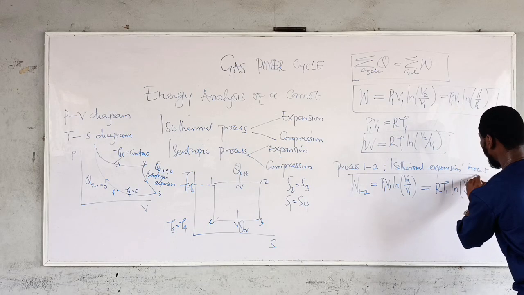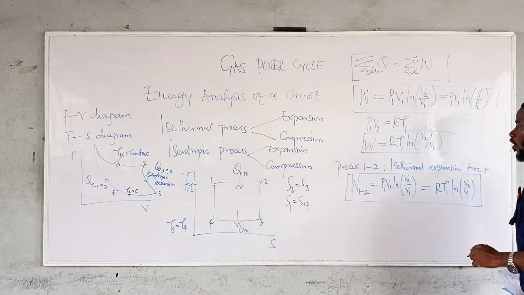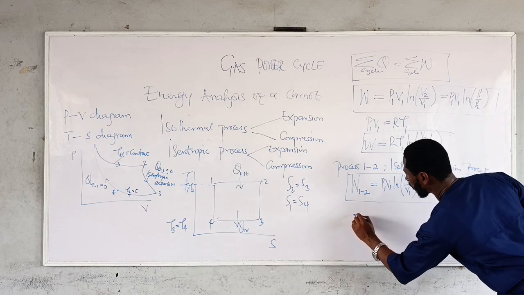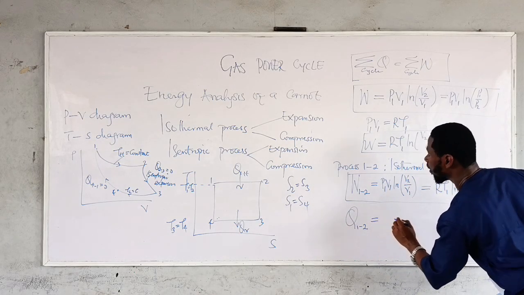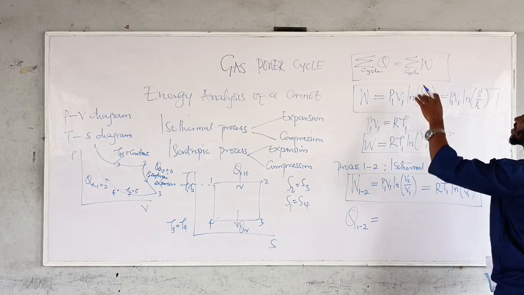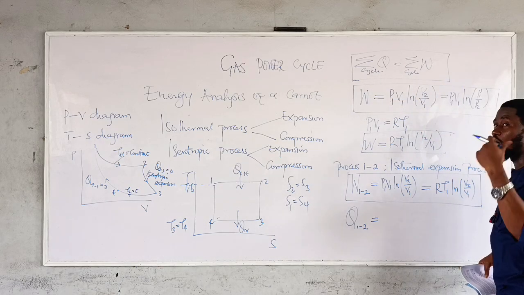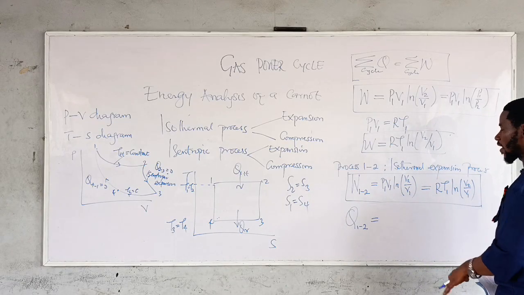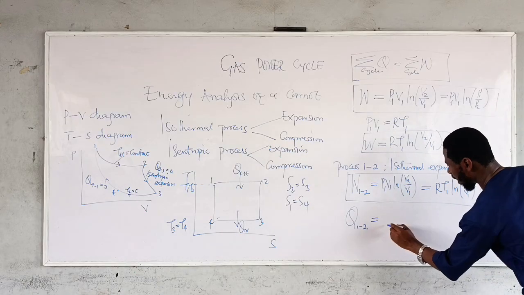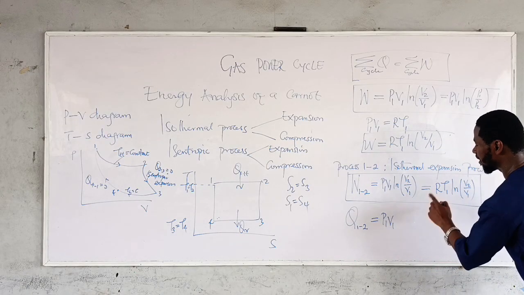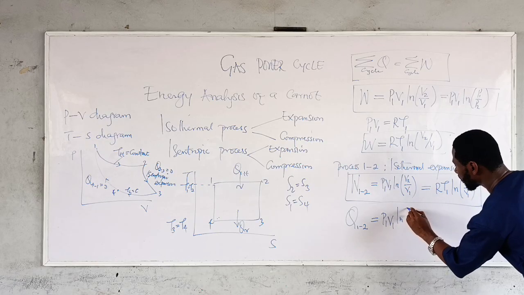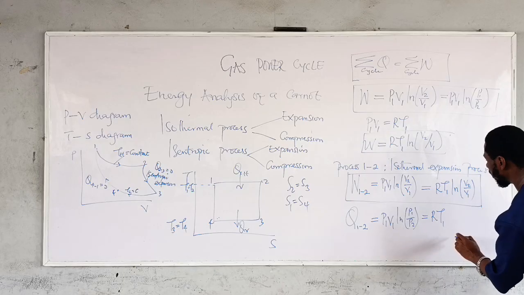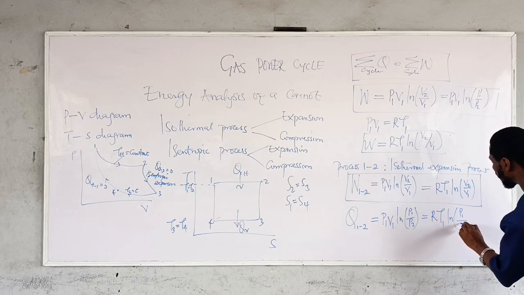Then for heat transfer Q1 to 2, according to your first law of thermodynamics, the summation of Q equals to the summation of W. So at this level, you repeat the same thing you have for work transfer for heat transfer, which is P1 V1 ln P1 over P2, the same thing as RT1 ln P1 over P2.